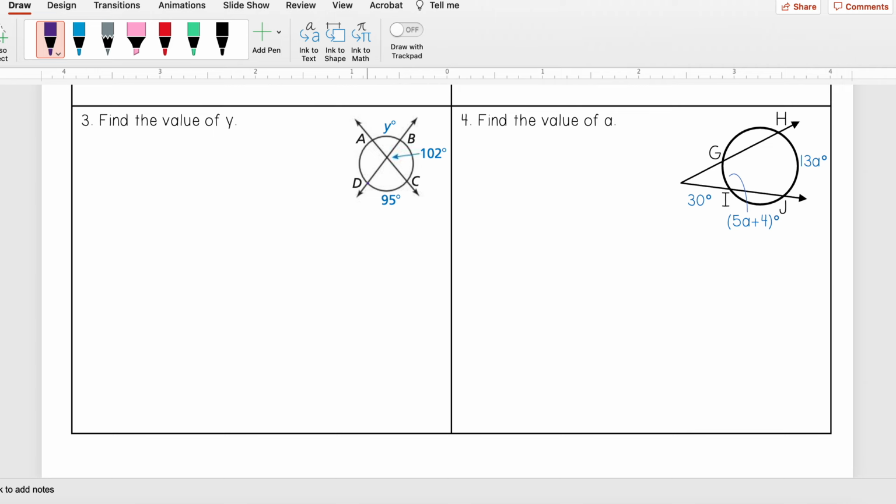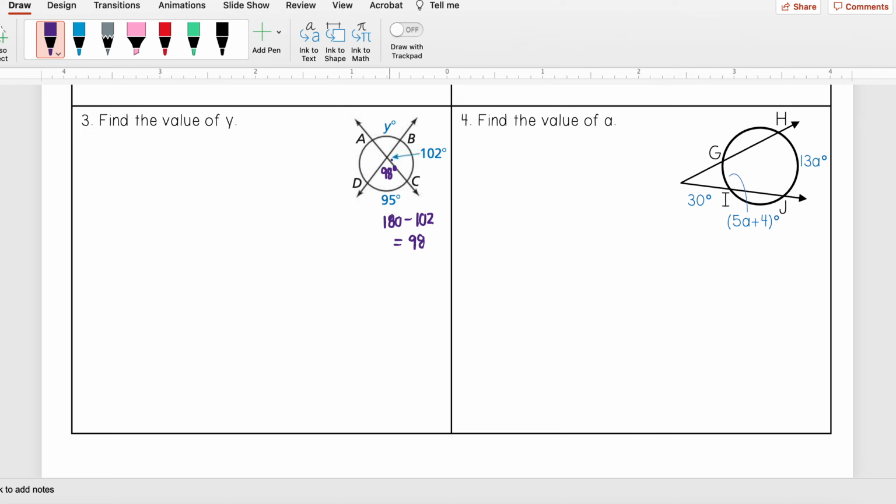And I notice that these two angles form a linear pair. And remember we learned in a previous unit that linear pairs are supplementary, so they add to 180. So to find this angle measure here, I just need to do 180 minus 102 to get 98. And so I get that this angle here is 98 degrees.